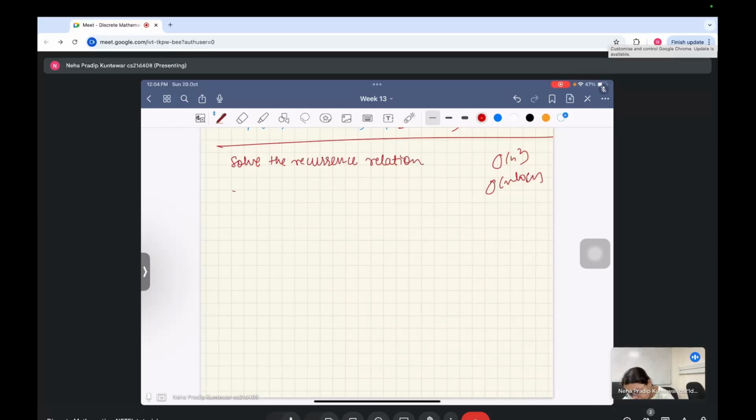So you have T(n) is equal to 2 times T(n/2) plus n. And what you do is you simply substitute it here. So you get 2 times [2T(n/4) + n/2] plus n. And if I expand this, you get 2 square T(n/2 square) plus n plus n.